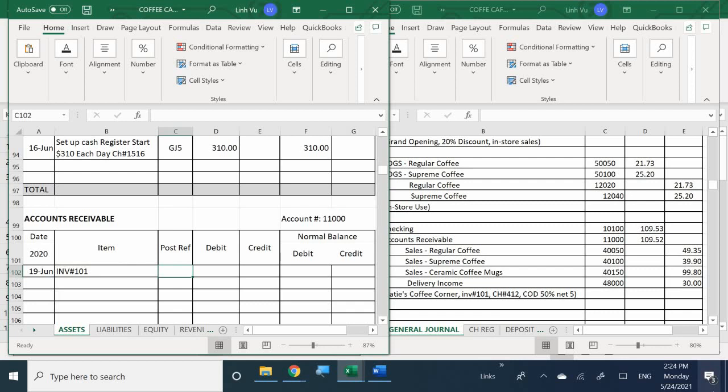Then post reference JG7, debit of 109.52. Okay. 109.52. $109.52 on the balance.